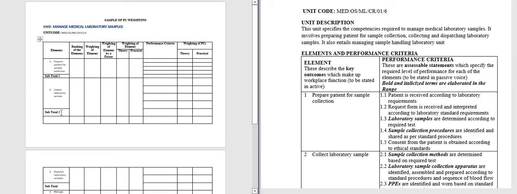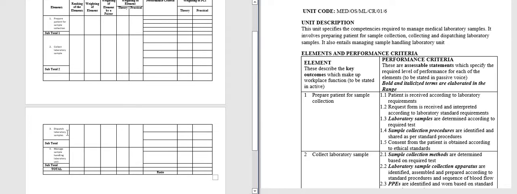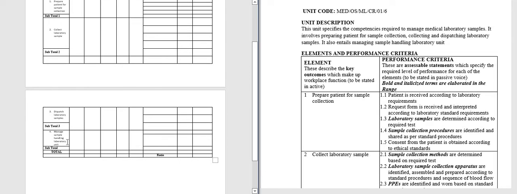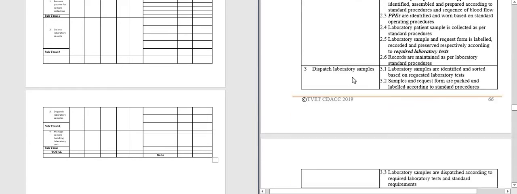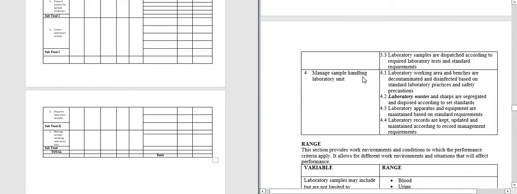The subtotal there is 2, and then the next one is dispatch laboratory samples. That's number 3, and then manage sample handling. There is number 4, manage sample handling laboratory unit. So this one will be our number 4, subtotal 4.